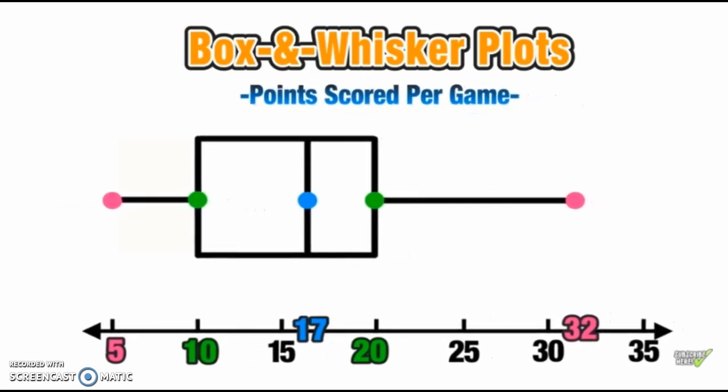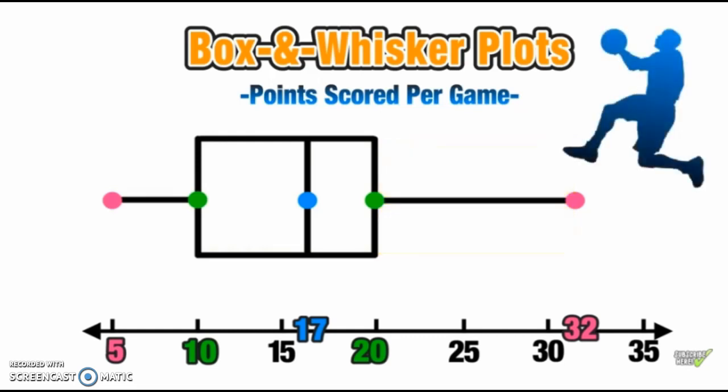And notice that the graph itself is broken up into 4 different quadrants, each representing 25% of the whole. What you're probably thinking is, how can we use this graph to evaluate Jordan's basketball performance? Now, for example, by looking at the extremes, we can see that it's probably unrealistic to expect Jordan in an average game to score as high as 32 points or as low as 5 points.